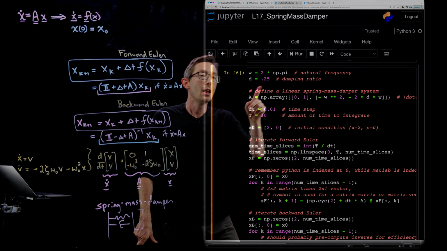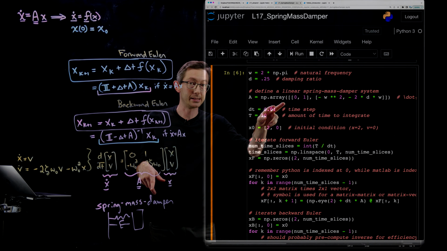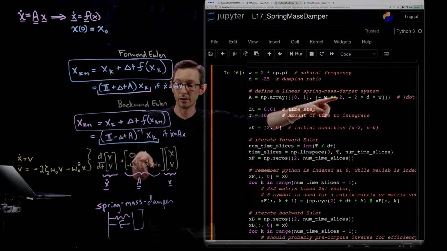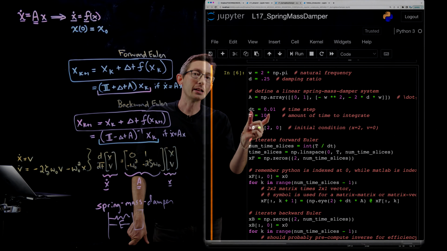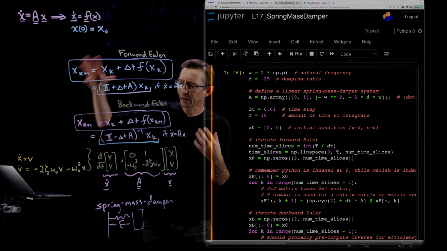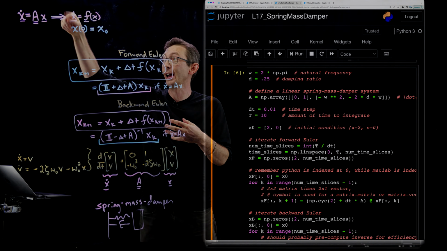That's good. And we're defining our linear spring mass damper system, our A matrix, as an array: 0, 1, minus omega squared, and minus 2 zeta times omega. And we're going to start by integrating with a small delta t, 0.01. Because again, both of these schemes are based on a finite difference derivative of x dot.